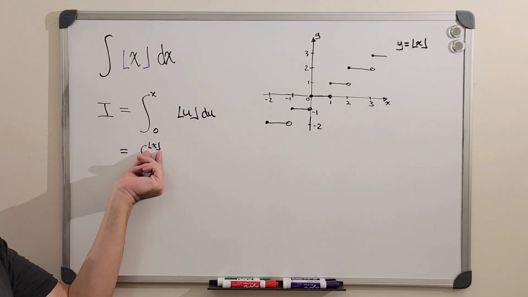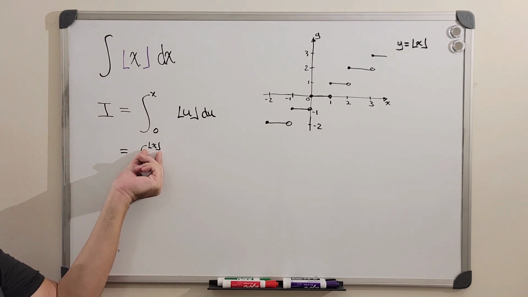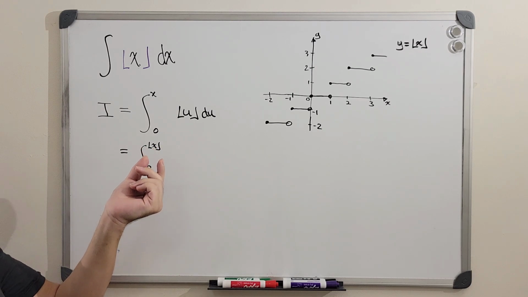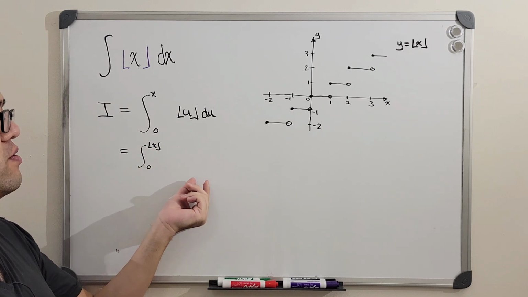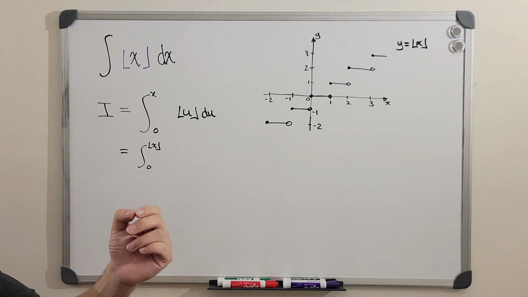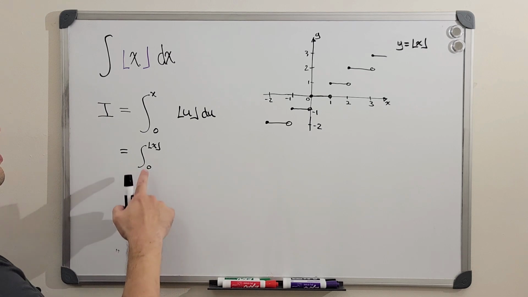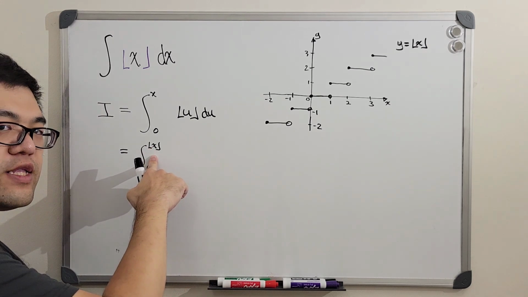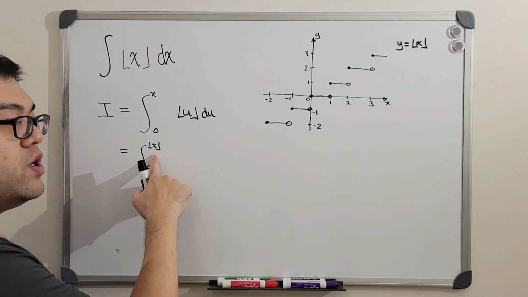We know that there exists an integer such that x has to be greater than or equal to that integer, where that integer is the biggest integer that can satisfy this condition. So in other words, we'll be able to get the floor of x no matter what.